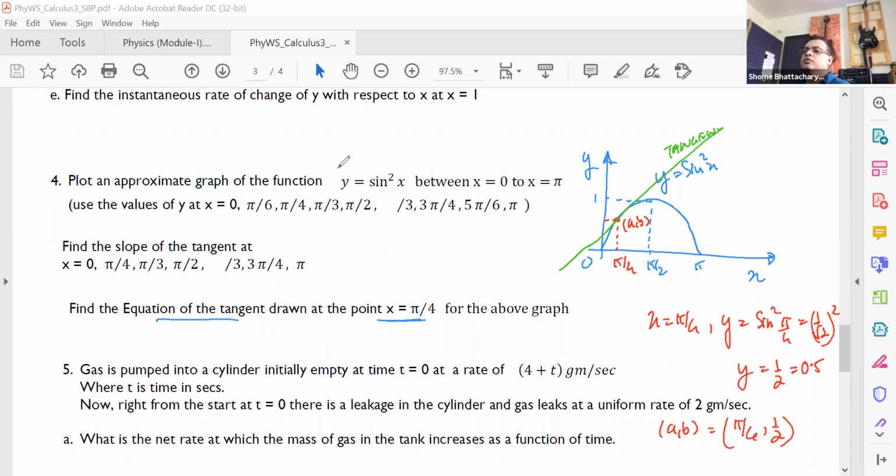From this function, you had earlier got the rate of change as 2 sin x cos x, which by the way, you can also simplify and write as sin 2x. Are you familiar with this formula? No, sir.